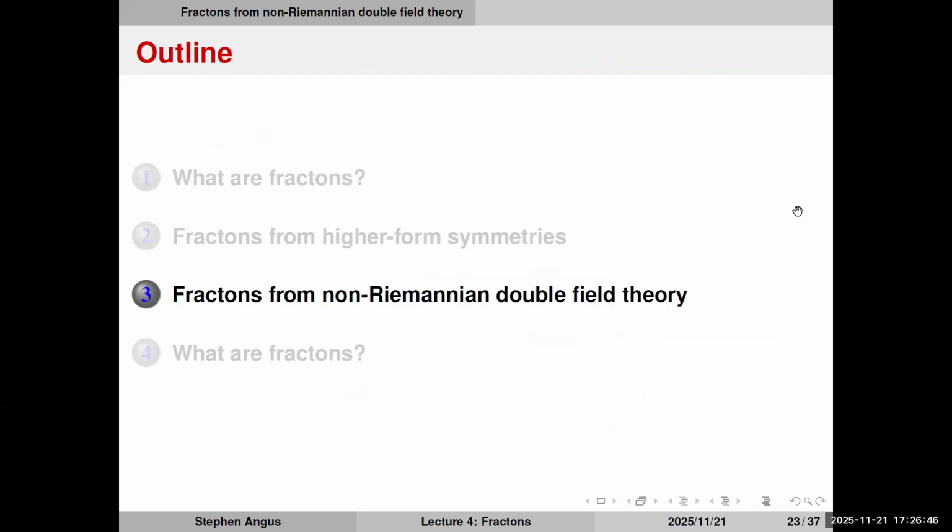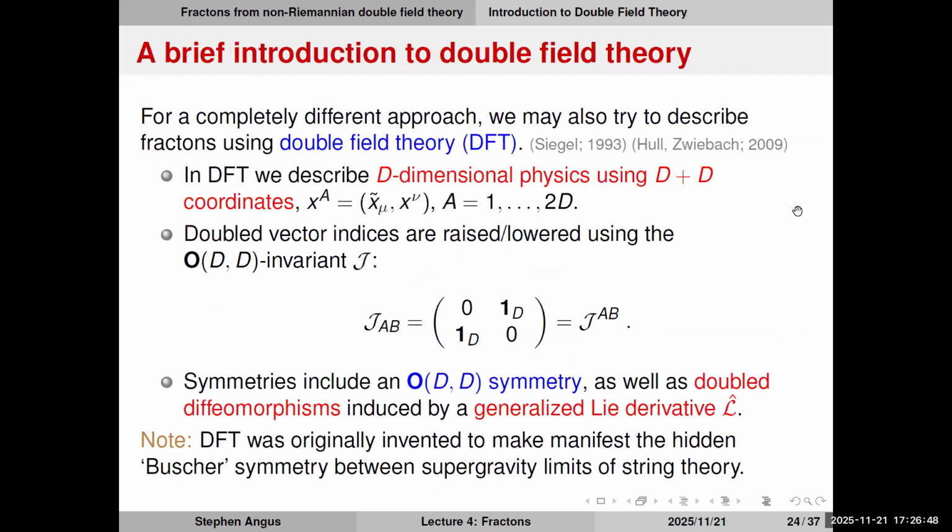Okay, now for something completely different, which is double field theory. This is a totally different way of realizing fracton-like behavior. Double field theory, for people who are not familiar, we double the dimensions of space-time.